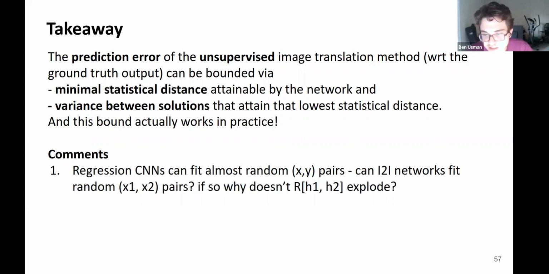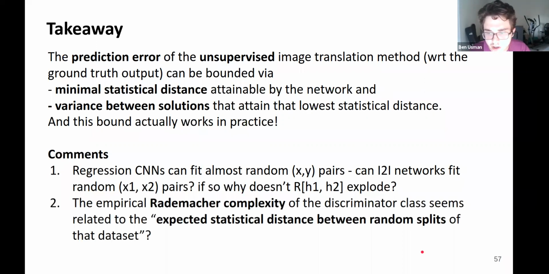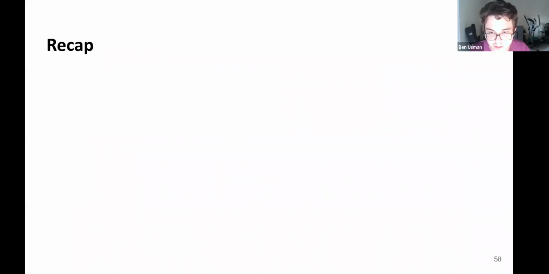So I'm quite surprised that, judging from their results, with some sets of hyperparameters, even on a limited data set, the generator apparently cannot approximate two very different solutions, like, for example, very different permutations of images that still satisfy the GAN loss. Another comment that I already mentioned previously is that Rademacher complexity seems to be somehow related to statistical distance between pieces of the same data set, which I think nobody has looked at this way.